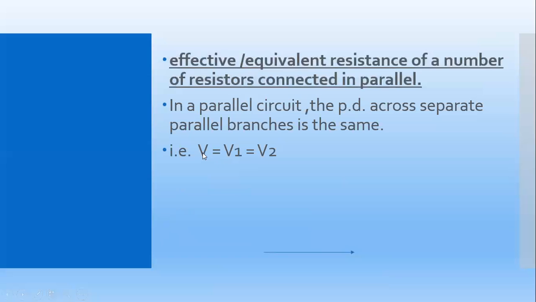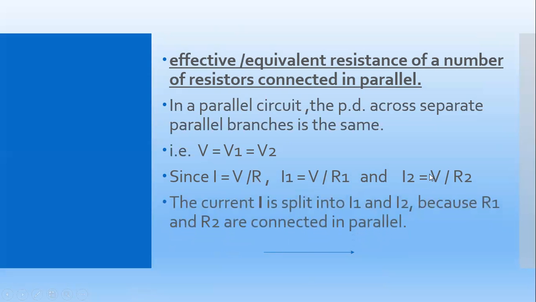If I am using a 9 volt cell, then V1 also gets 9 volts and V2 also gets 9 volts. According to Ohm's law, V is equal to IR, or I is equal to V upon R, so I1 is equal to V upon R1 and I2 is equal to V upon R2. The current I is split into I1 and I2 because R1 and R2 are connected in parallel.